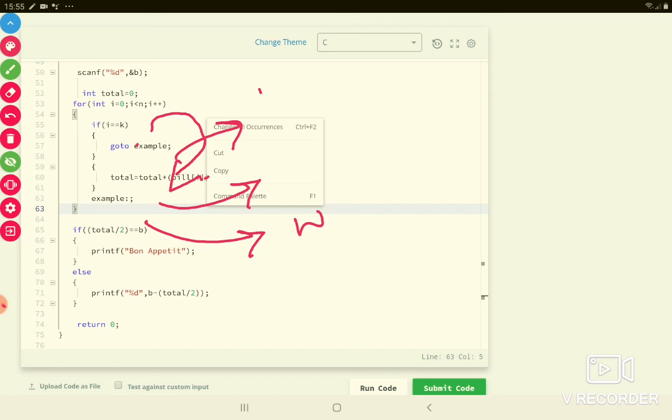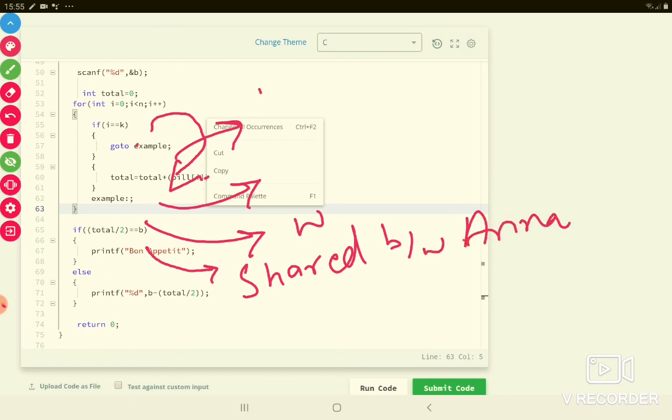Now b is the amount that Anna has given. If total divided by 2, that means shared between Anna and Brian, is equal to b, the amount given by Anna, then we print Bon Appetit.